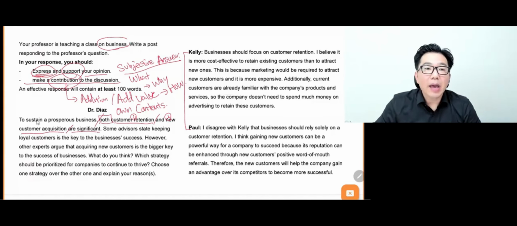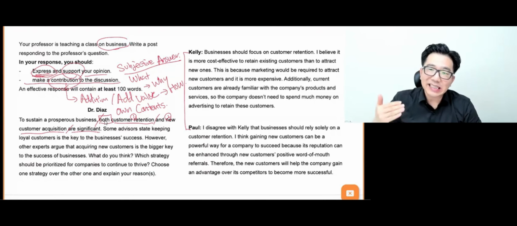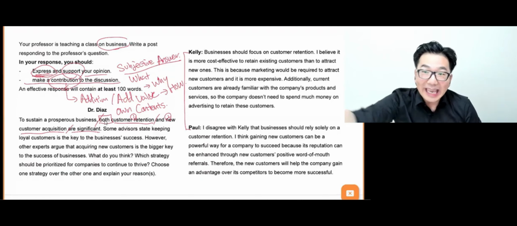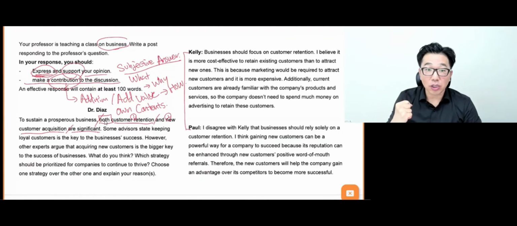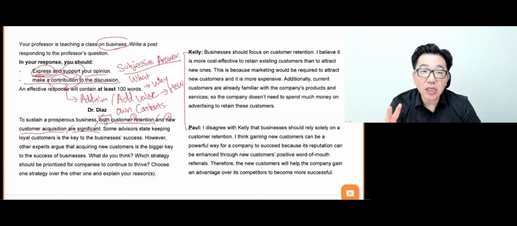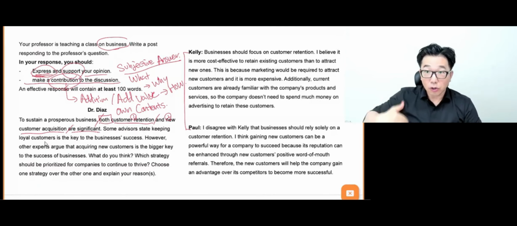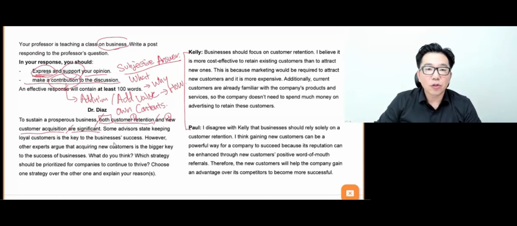So to keep a successful business, both strategies, keeping your existing customers and going out to the market and getting new customers, are important. Some say keeping loyal customers, your existing current customers, is the key to business success.